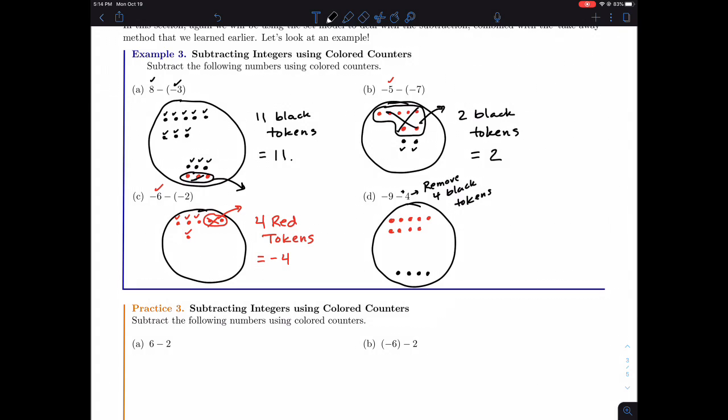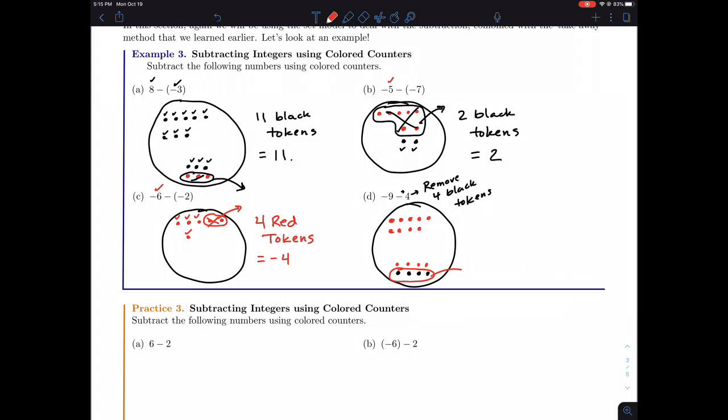But again, I need to make sure that the inside of the circle adds up to -9. So that means at the same time, I want to add 4 red circles so that this bottom set of circles just equals 0 in this case. So now that I've got my 4 black tokens in there, I can actually use the takeaway method to remove them.